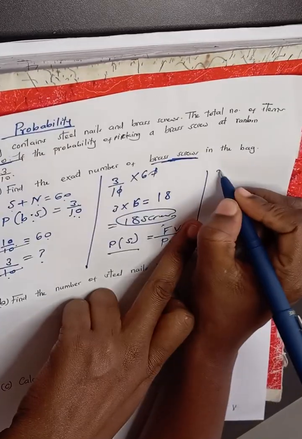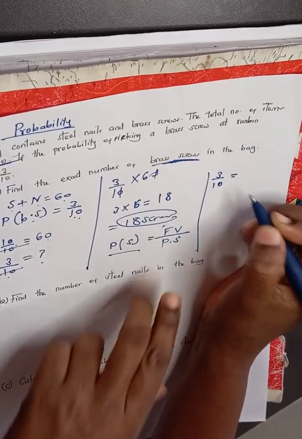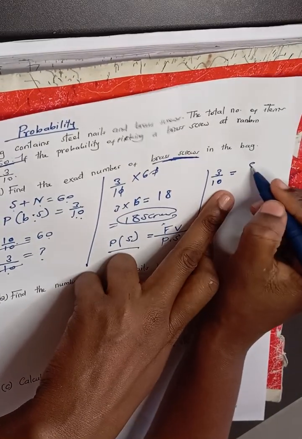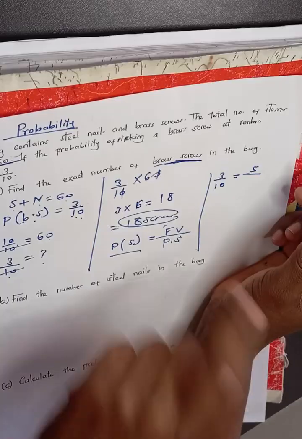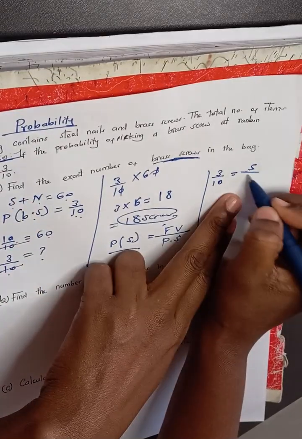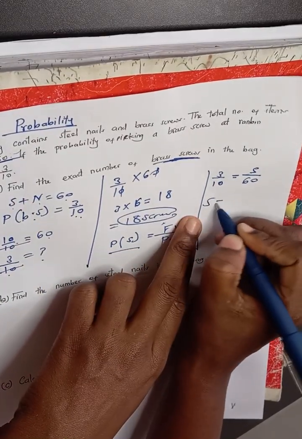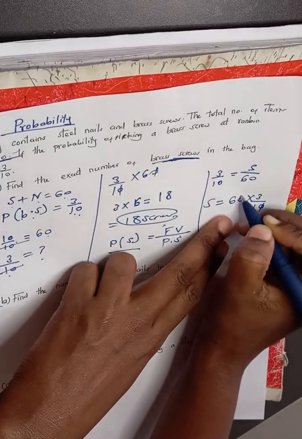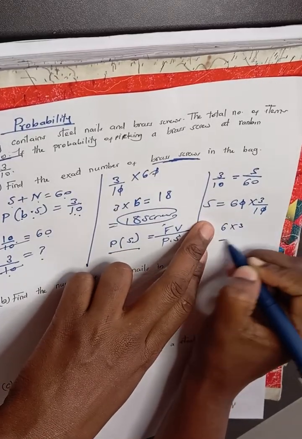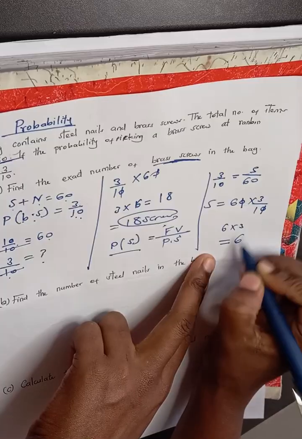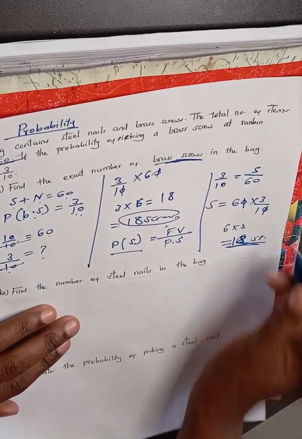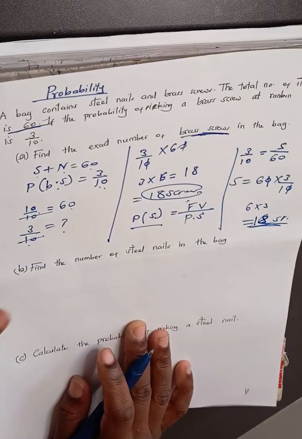So 3/10 is equal to the number of favorable outcomes, which is screws, over possible outcomes, which is 60. Now screws is equal to 60 times 3/10, which is 6 times 3, equal to 18 screws. We have two methods on that, so you can use whichever works for you.